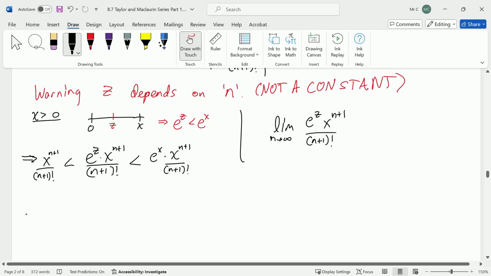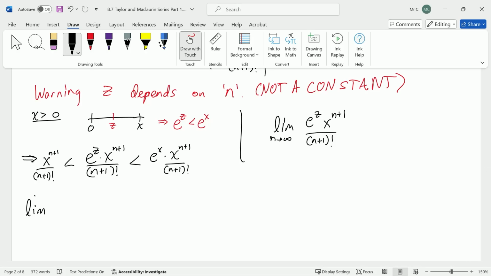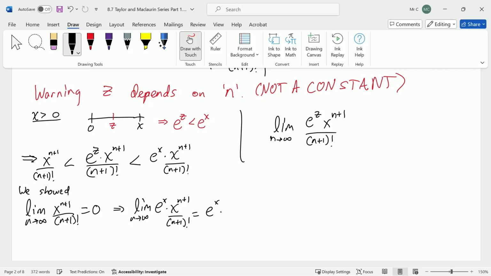So now, what do I know? We already showed that the limit as n goes to infinity of x to the n plus 1 over n plus 1 factorial is 0. But that implies that the limit as n goes to infinity of e to the x times x to the n plus 1 over n plus 1 factorial is e to the x times this limit.